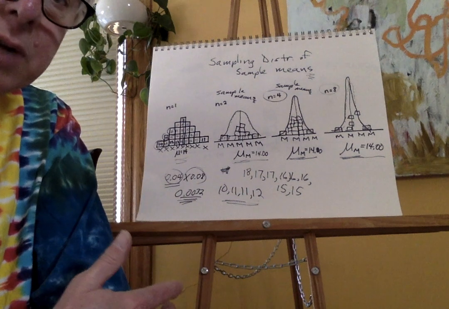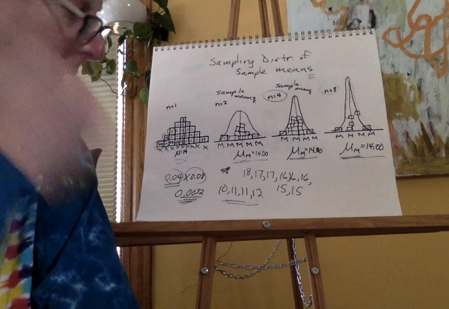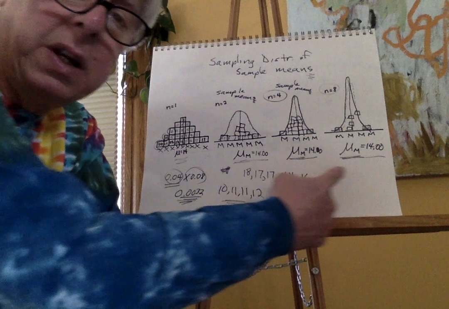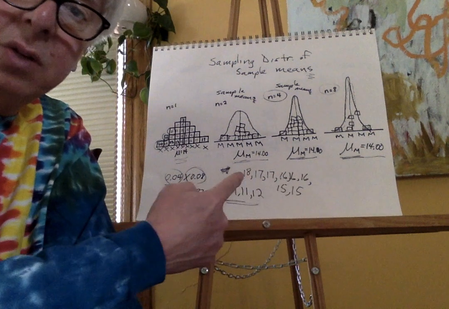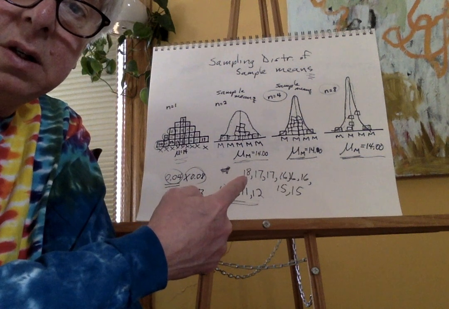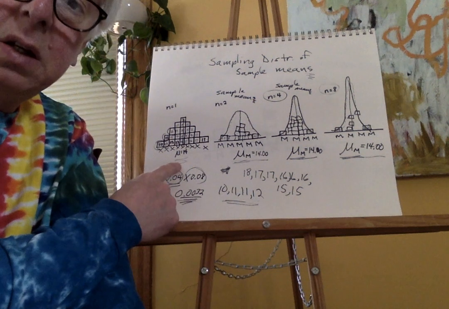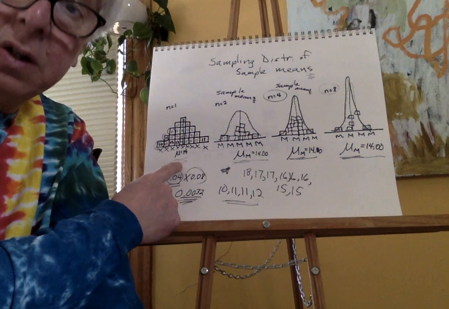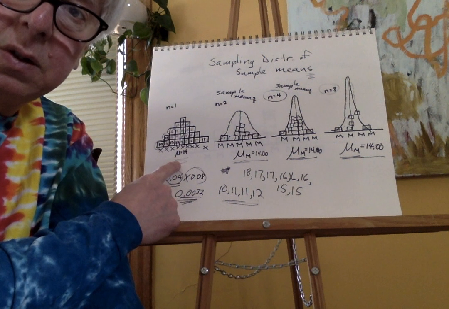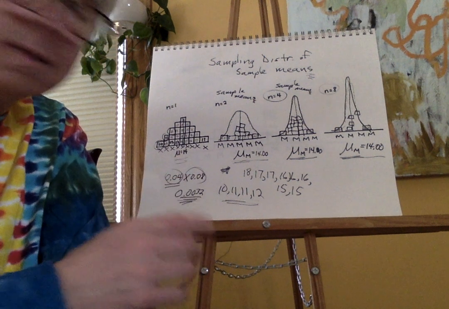Now, we ended up talking about the fact that the means for each of these sampling distributions of means will actually equal the mean of the original population of individual scores. Let me say that again.